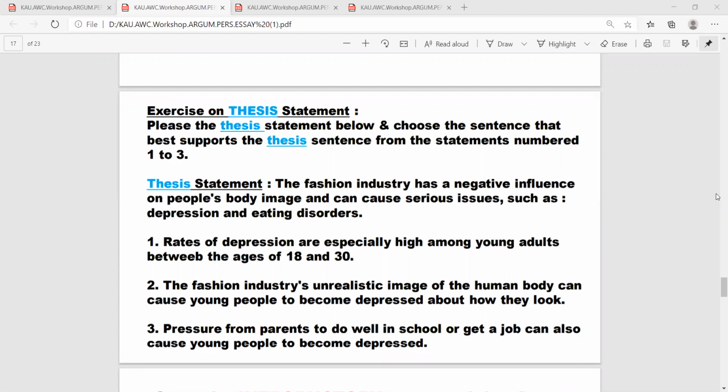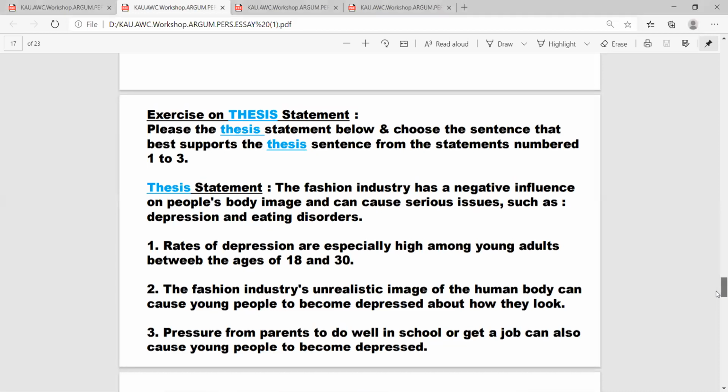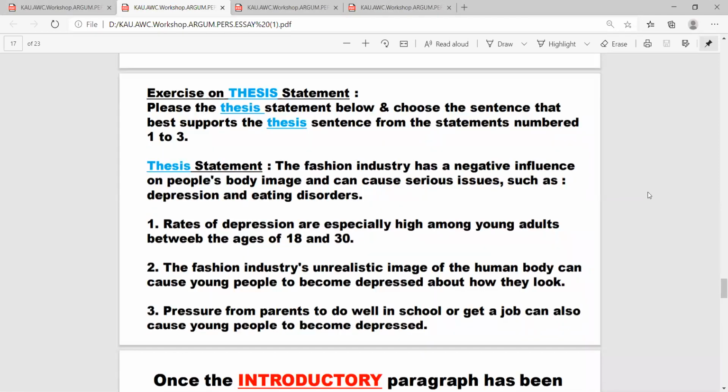Now, if I can kindly ask you, if you don't mind, I don't mean to give you extra work, or to make this exercise difficult, because I think it's a very easy exercise. But I will just ask you for details. Why have most of you chosen number 2?